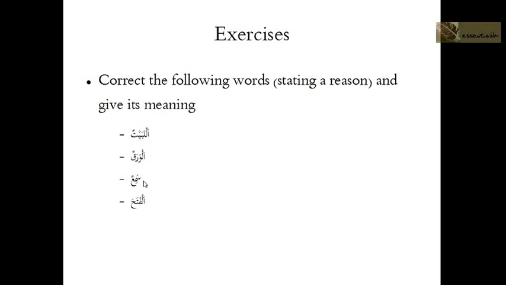Now if you don't know, sami'a is a verb, and what we know about verbs is that they cannot have al or tanween. So here we have tanween, we can't have that. So it'd be sami'a. Al-fataha. Now fataha is also a verb, and as in the previous one we said that a verb cannot have al and it cannot have tanween. Okay, so it would be just fataha.